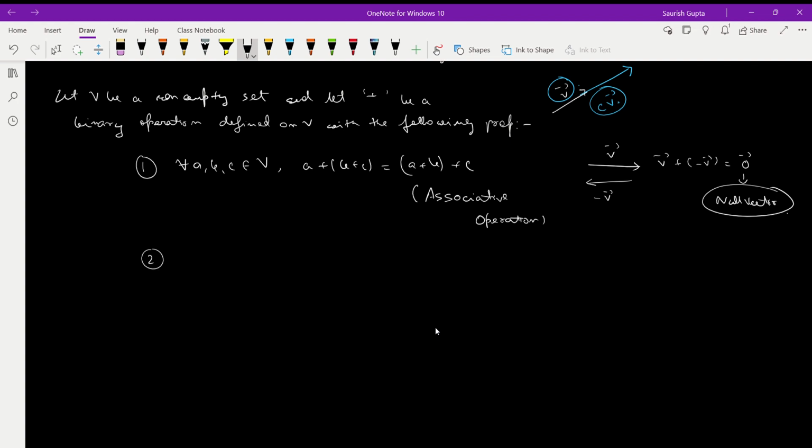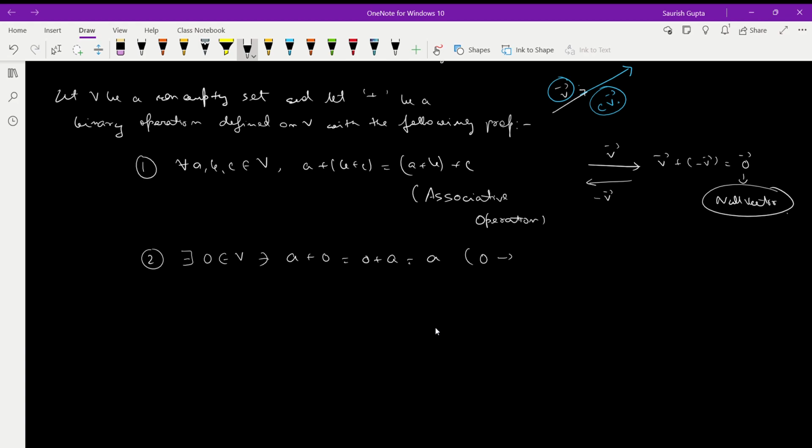Number two is that there exists an element 0 in V such that when you add any element from V to 0 from either side, you get the same element back.